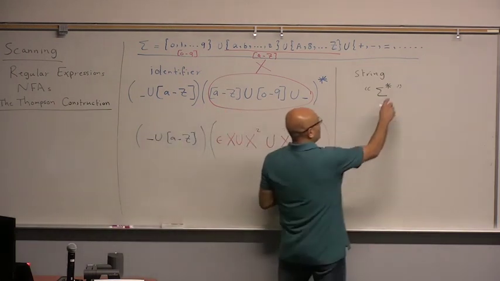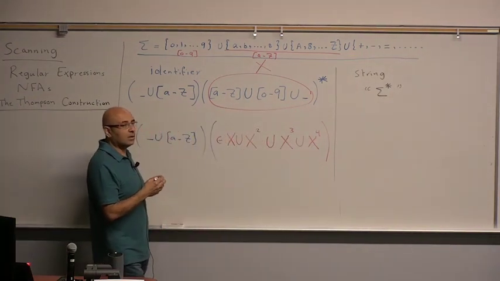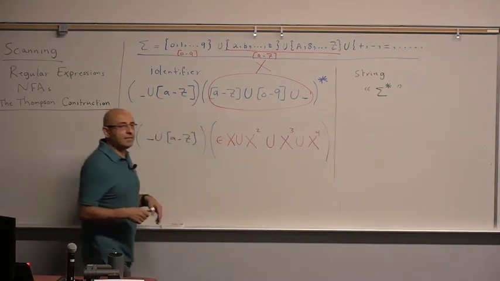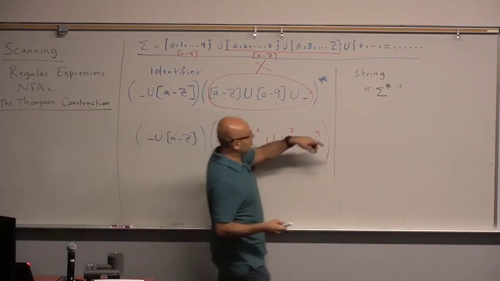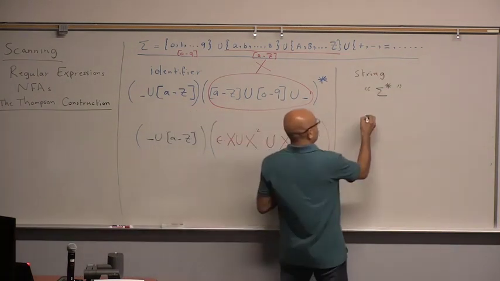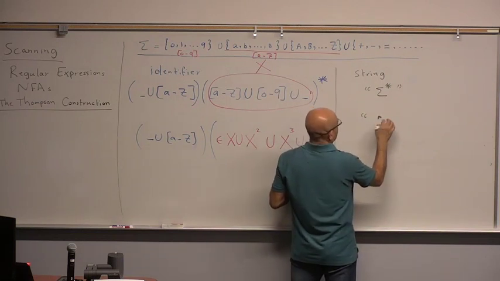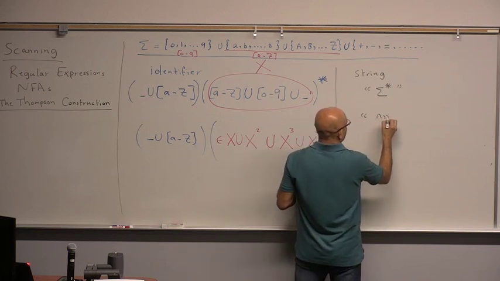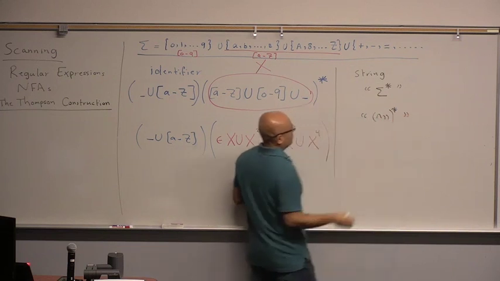So how can you exclude the closing quote? You can exclude it by saying everything but, or the complement of, closing quote. So you can say the complement of closing quote repeated as many times as you want, then closing quote.